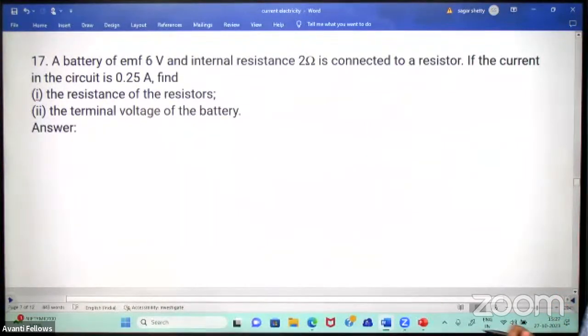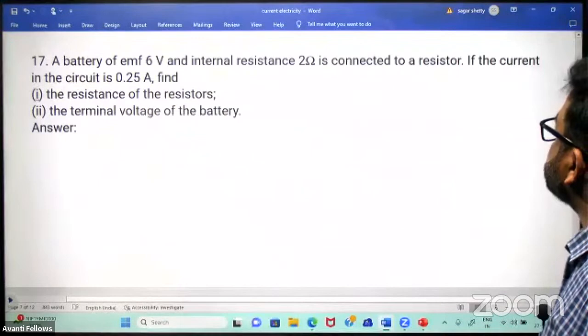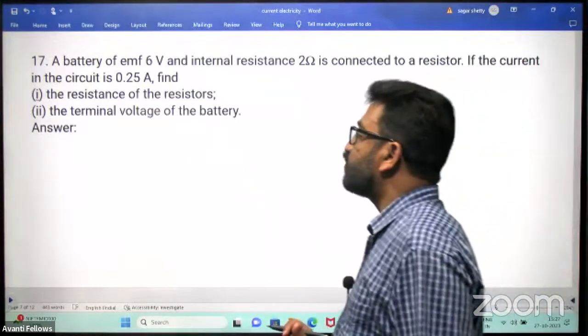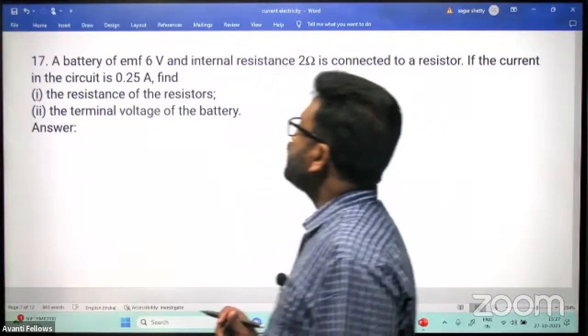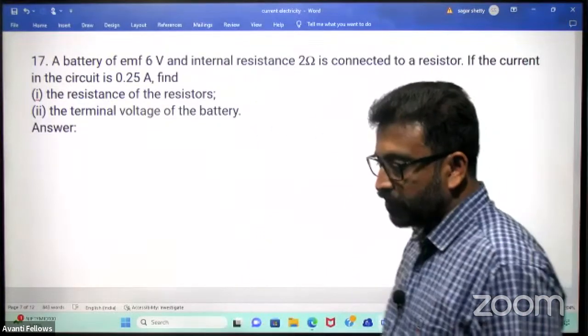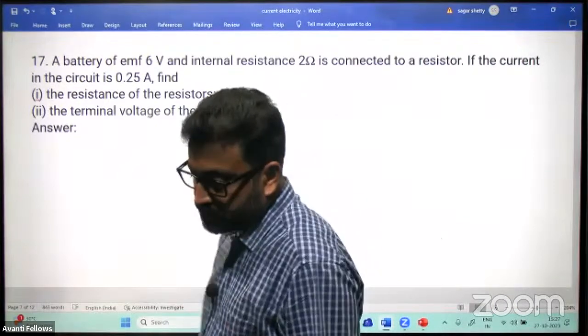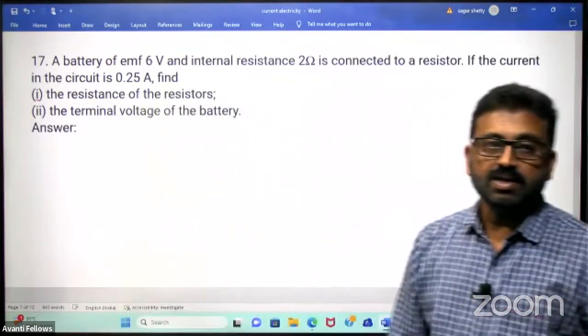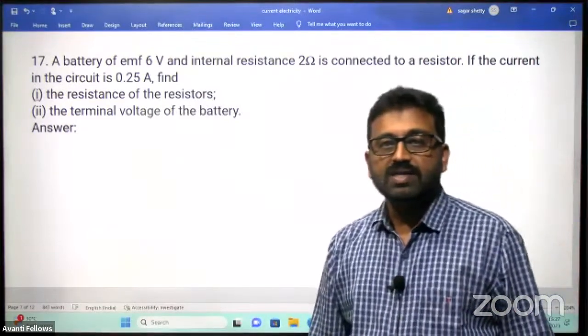A battery of EMF 6 volt and internal resistance of 2 ohm is connected to a resistor. If the current in the resistor is 0.25 ampere, find the resistance of the resistor and the terminal voltage of the battery. Question number 17. See this one. Can you tell the answer?